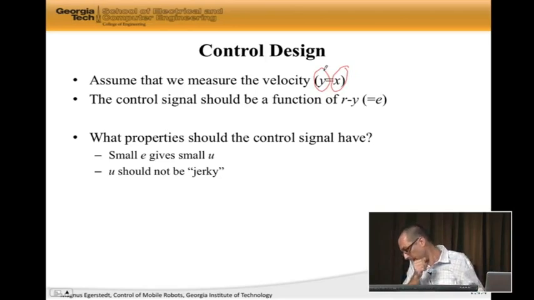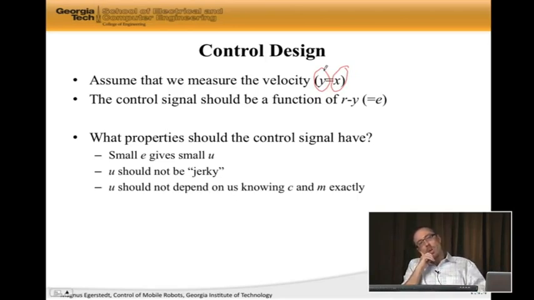And it should not depend on us knowing C and M. So M is the mass of the car, C is this semi-magical transmission coefficient. The mass of the car is changing depending on what luggage we have. It's changing depending on how many passengers we have. We should not have to redesign our controller just because a new person entered the car. We shouldn't have to weigh everyone and enter how much we weigh for it to work. And in fact, elevators have bounds on how many people can be in the elevators.